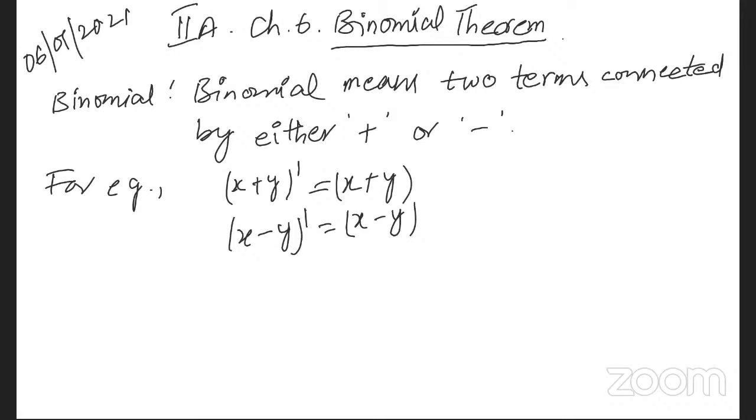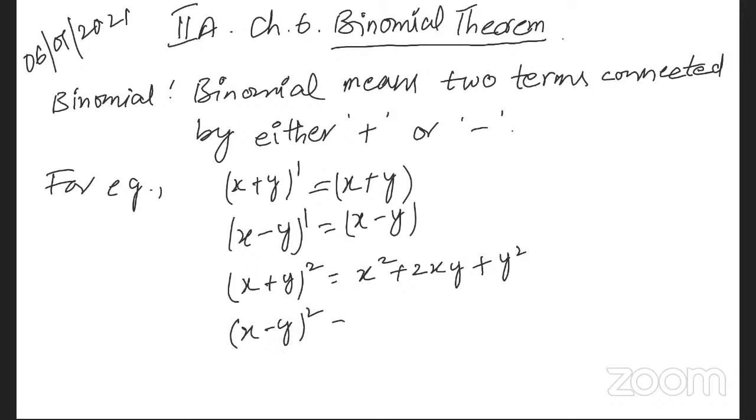We'll see (x plus y) whole square is equals to x square plus 2xy plus y square. And again, (x minus y) whole square is equals to x square minus 2xy plus y square.